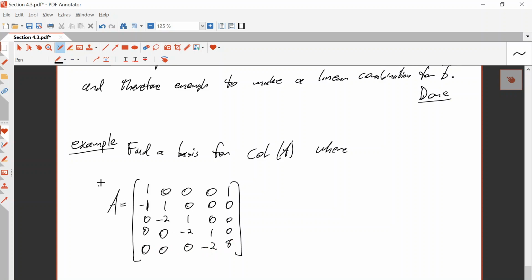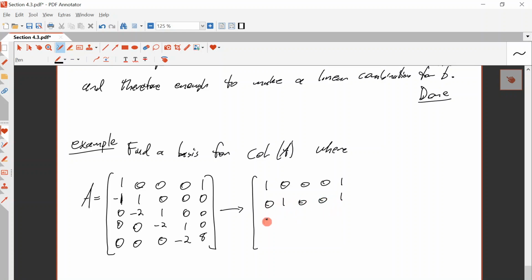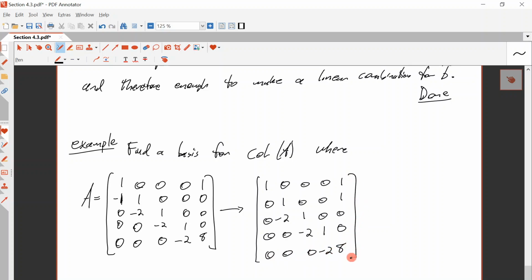Okay? And we want to pick out a linearly independent subset of those columns. So we're just going to row reduce. Okay, I'm going to add row 1 to row 2. That gives 1, 0, 0, 0, 1; 0, 1, 0, 0, 1; 0, -2, 1, 0, 0; 0, 0, -2, 1, 0; and 0, 0, 0, -2, -8.